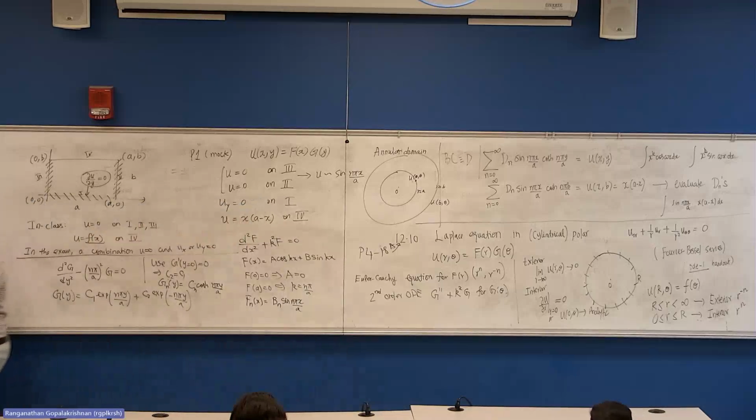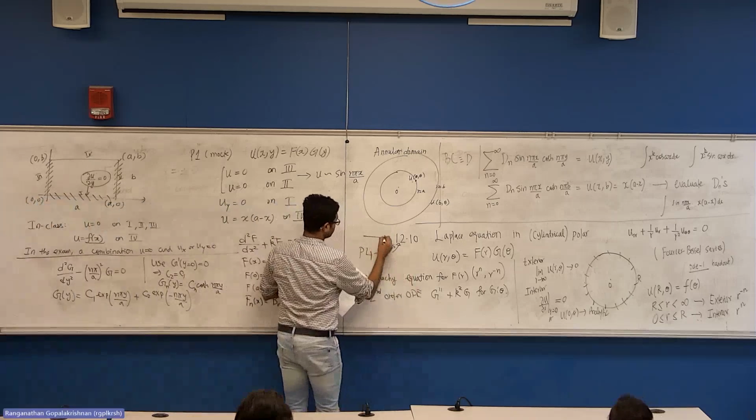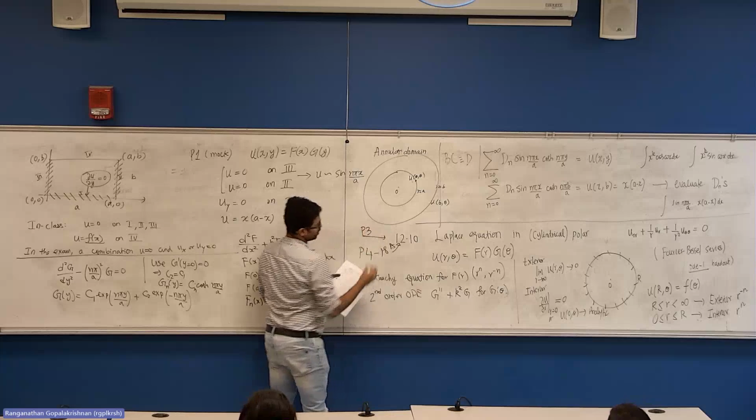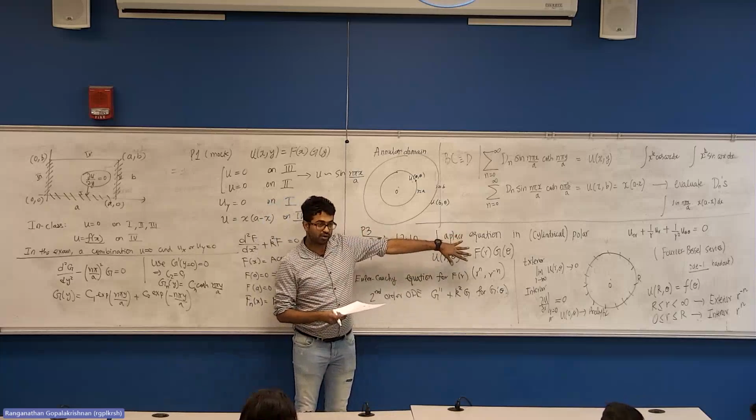And if you see your mock exam, I think the numbering is a little bit off. You want to rename this 1, 2, and 3. In the mock exam, problem 3 is a Laplace equation, but not in cylindrical polar, but in spherical polar coordinates.